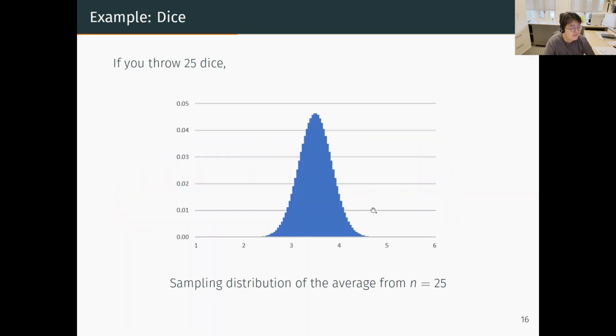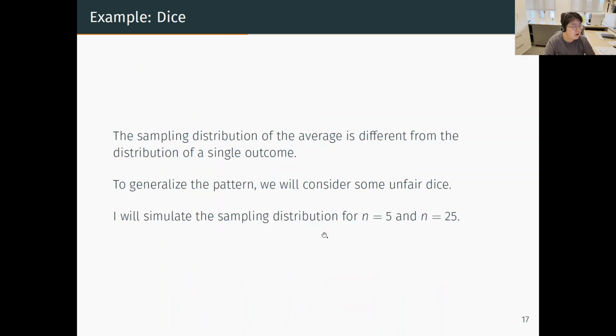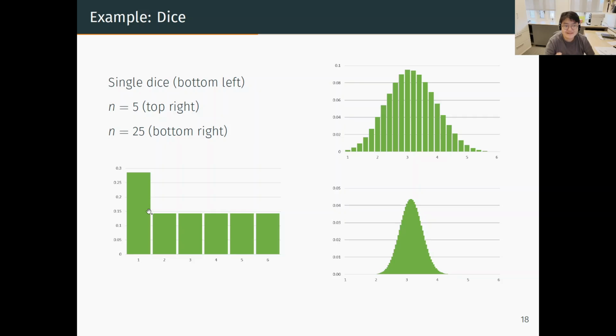When you use a fair dice, the mean is 3.5, and it's perfectly symmetric. But when you use a weird dice, it is not exactly symmetric. The center moves a little toward the left.